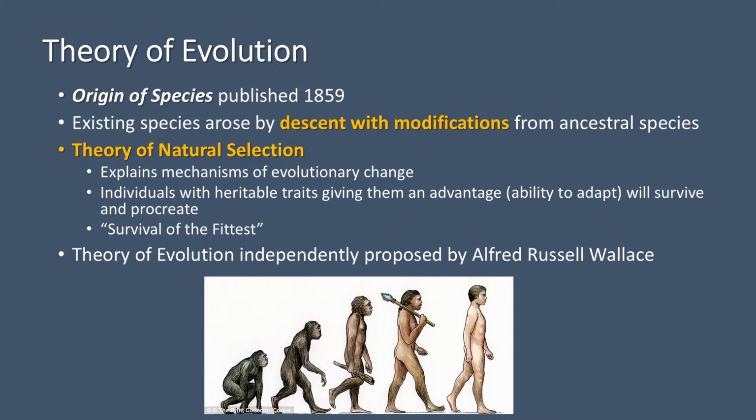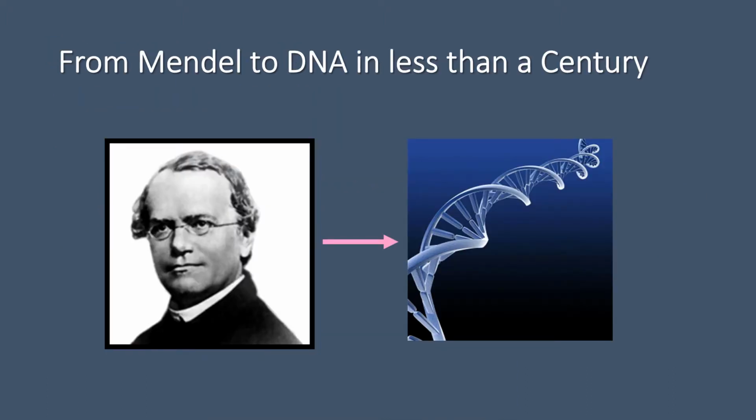And actually, there was another guy that no one ever talks about called Alfred Wallace, who also proposed the same theory kind of at the same time, without any collaboration with Darwin. But Darwin is the one that gets all the credit. But there was actually another guy that came up with the same idea. So the father, kind of what we consider the father of genetics, is Mendel, and we'll be talking a lot about Mendel.